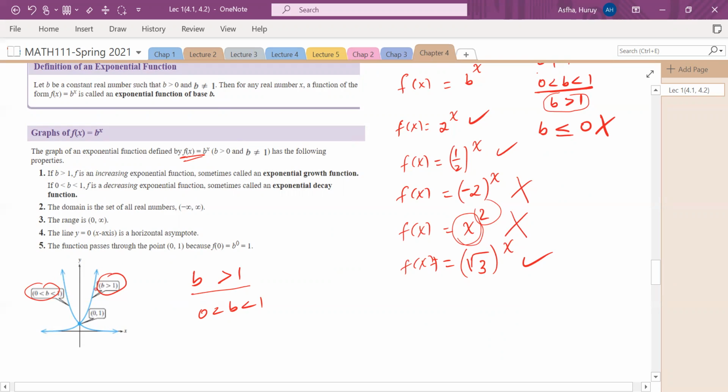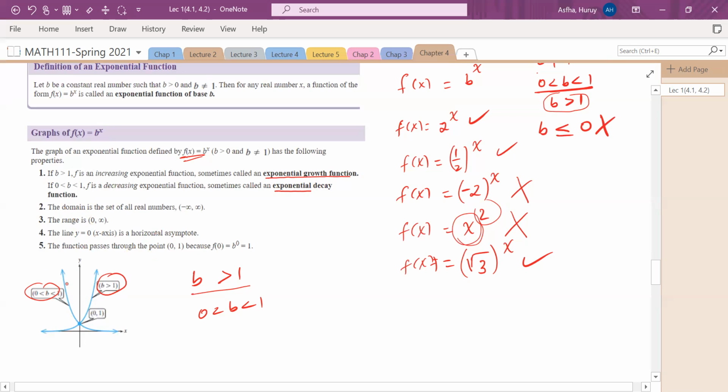So this increasing graph is called an exponential growth function, and it has applications in business, in economics and so on. And the other one is a decreasing function, and it's called exponential decay. Okay, both of them are useful in many applications.